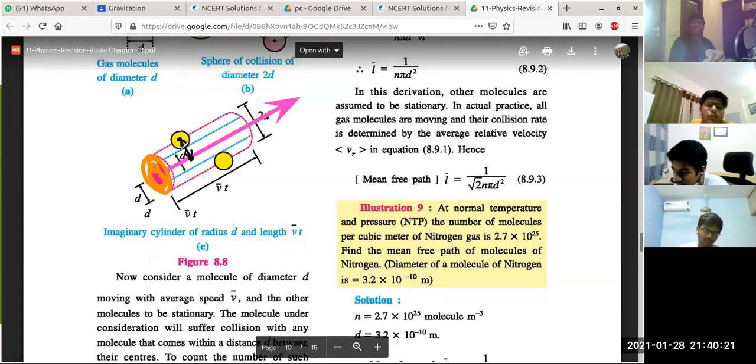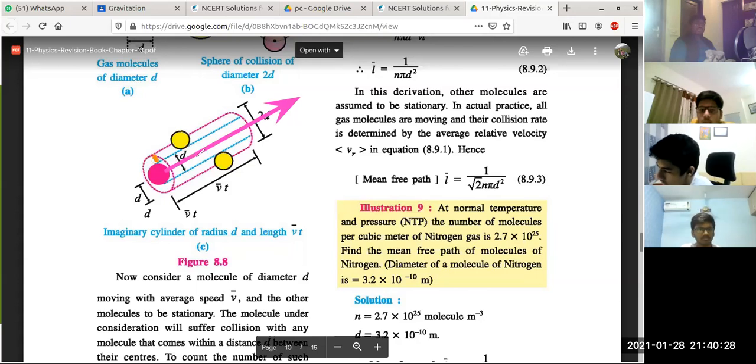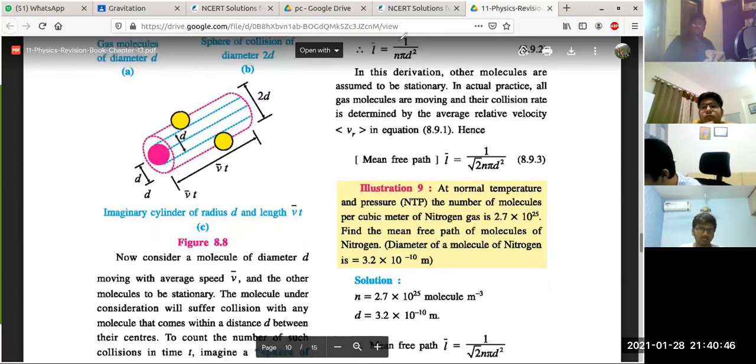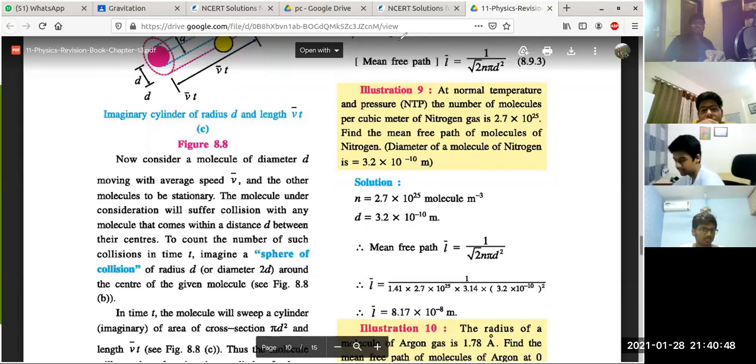If it is more than d, they will not collide, right? d is the diameter of the pink ball, and all the balls are the same. So in this volume, what is its radius? The diameter of that volume is 2d, the sphere of collision of diameter around the center of the given molecule.